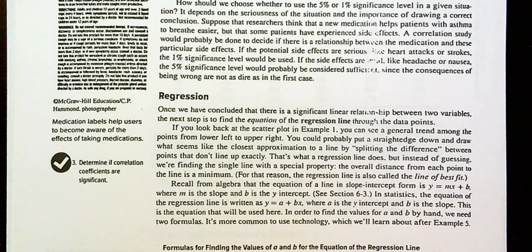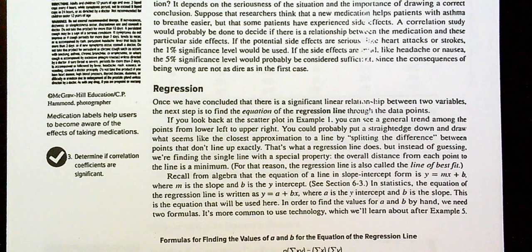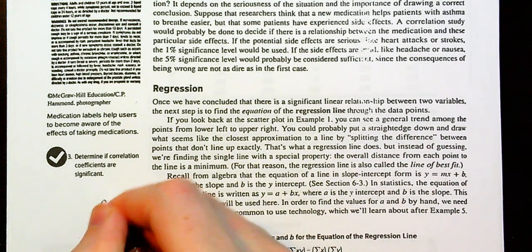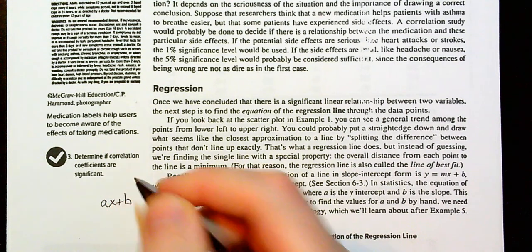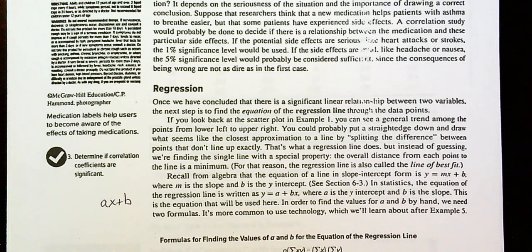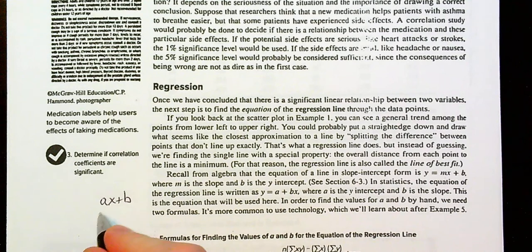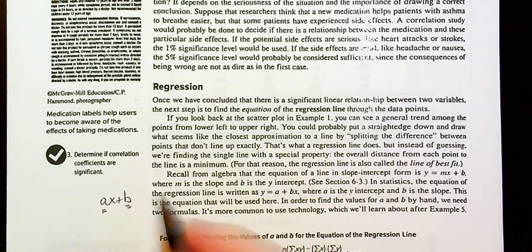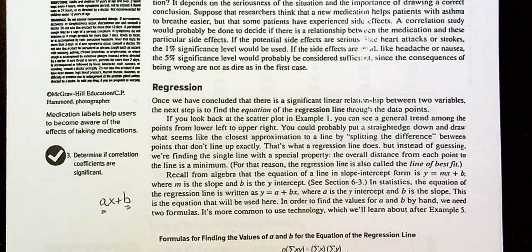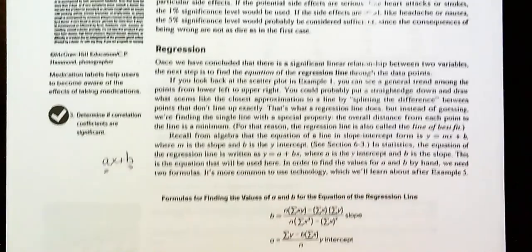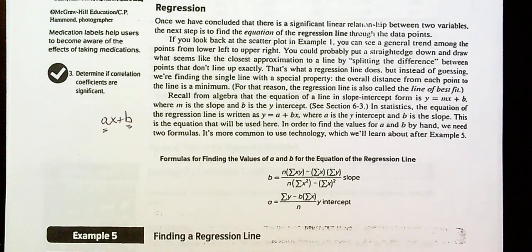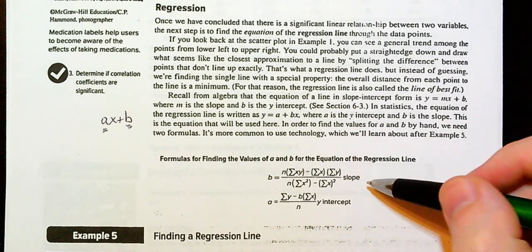It's going to be something in the form of ax plus b. But how do we calculate what these a and b values are? X is going to remain that unknown quantity. I just need to figure out what a and b are. Well, we're given formulas for b and a.